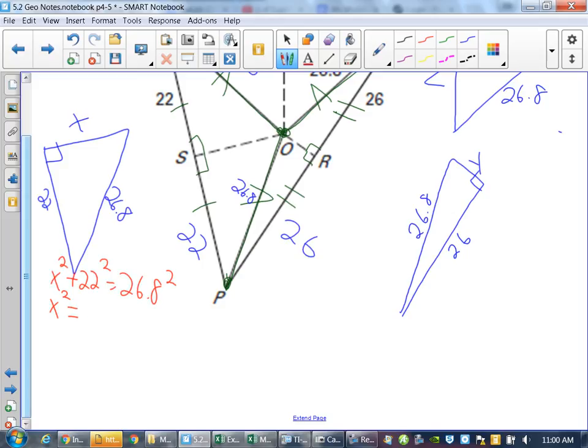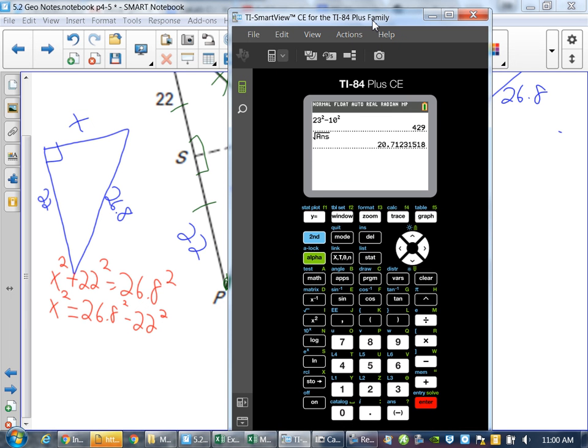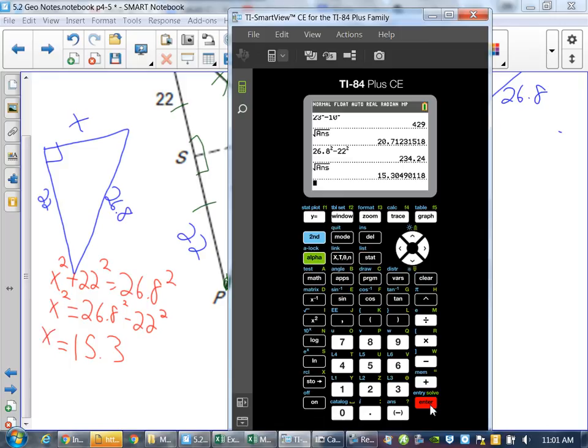Guys, hey, enough. First one. If I round out to 2 decimal places for all these, I get 15.3 for the first one. You okay with that?